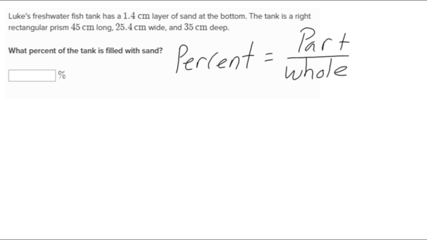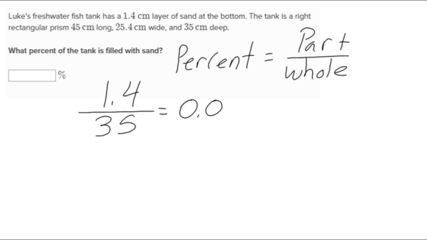The part that is already filled with sand is 1.4, and that is going to be divided by the whole height, the height of your container, which is 35. So when you take 1.4 and divide by 35, you get 0.04. That's the decimal, so that is equal to 4%. The sand fills 4% of it.